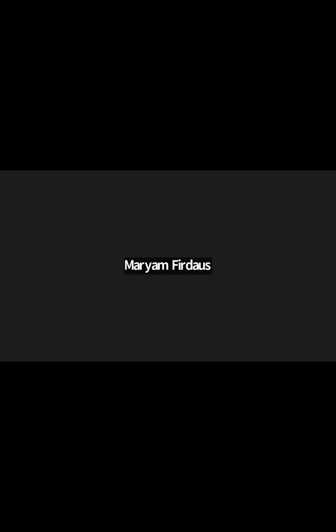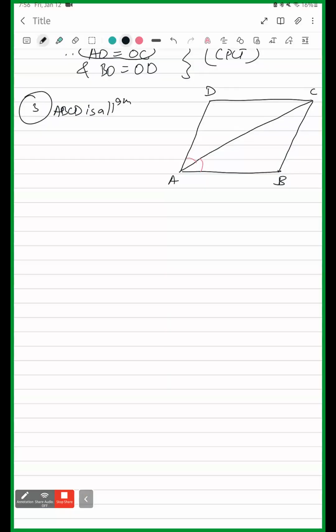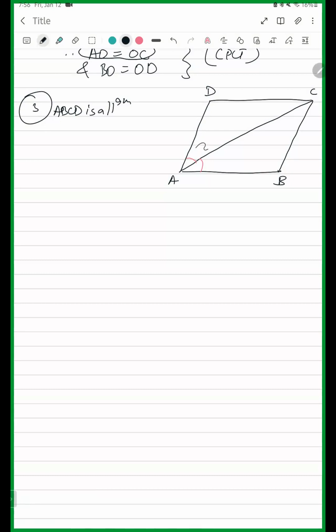Okay. So let's continue where we left off. Let's just have a summary of this. ABCD is a parallelogram, and it is also given to us that this angle is equal to this angle.